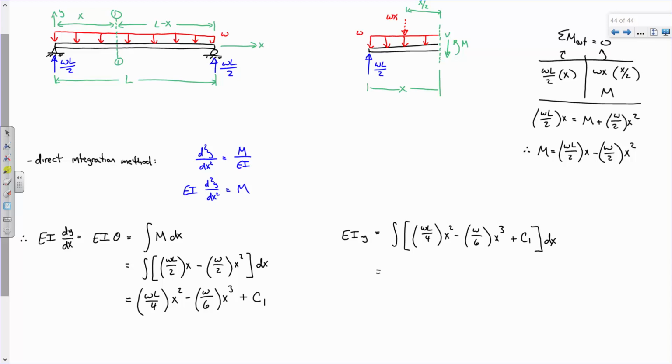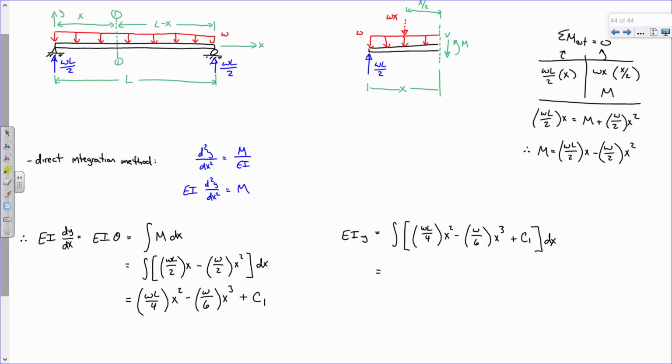All right. So again, take these one at a time. Let's take the first one. So you have WL over 4 times x squared. Pull out the constant, and then what's the integral of x squared? X cubed over 3. So that first term, maybe WL over 12 x cubed?